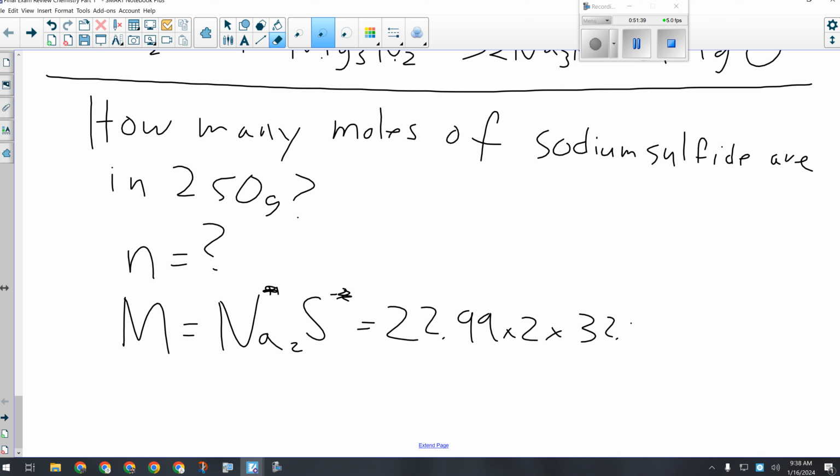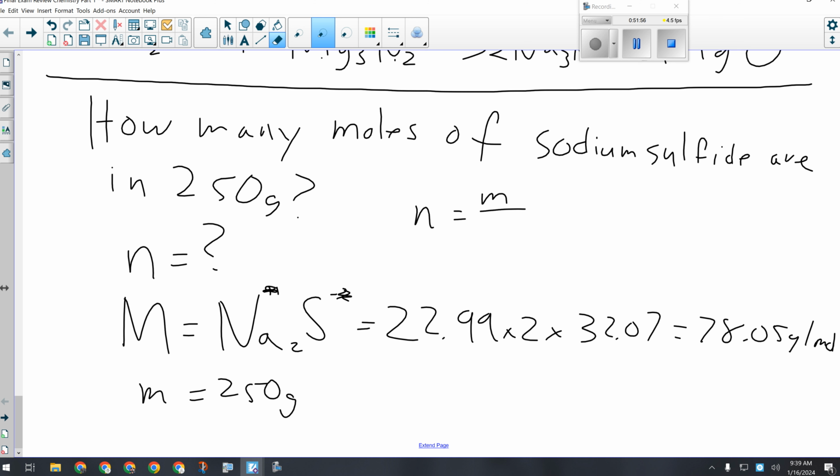Okay, I didn't start my calculator. What does that add up to? 78.05 grams per mole. And the last thing they tell me is the mass of it is 250 grams. The good news is I don't have to manipulate the equation. I just have to plug in numbers because it's already set up to solve for n.